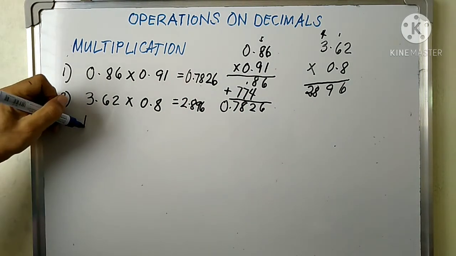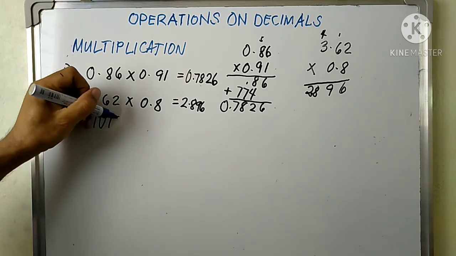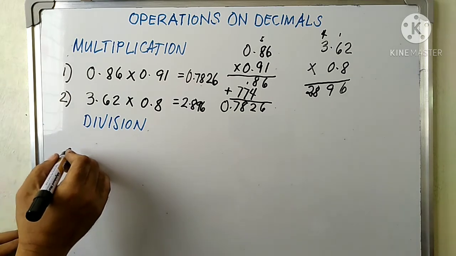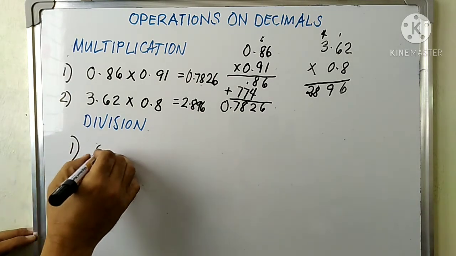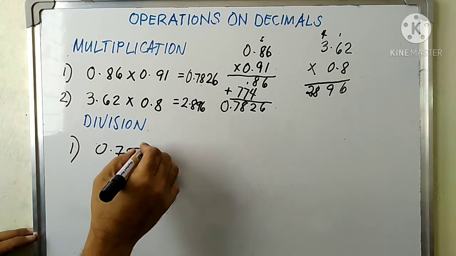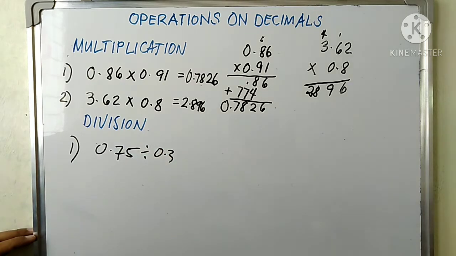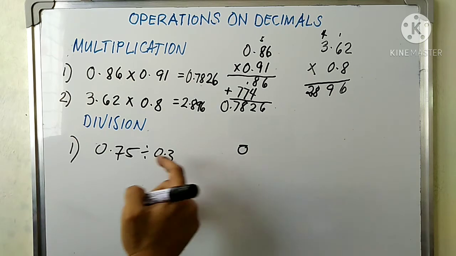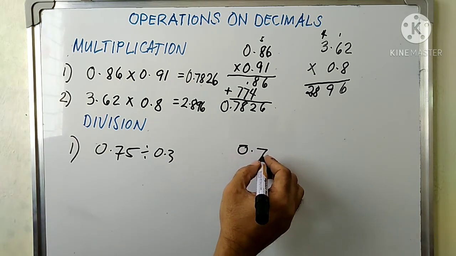Let's have division of decimals. Examples for the division of decimals. Number 1, 0.75 divided by 0.3. We have to arrange this way.